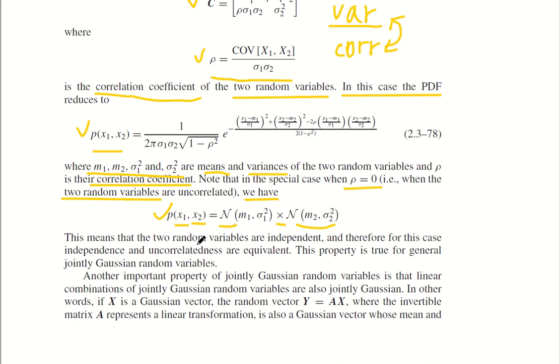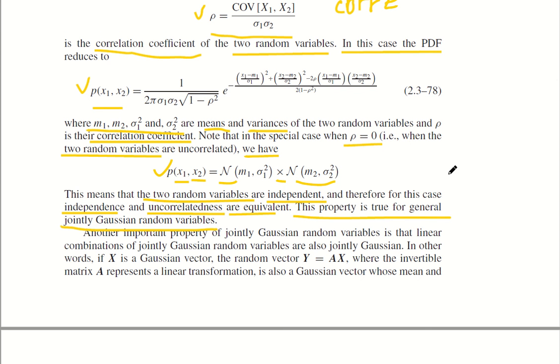So this means that the two random variables are independent, and therefore for this case independence and uncorrelatedness are equivalent. This property is true for general jointly Gaussian random variables. So uncorrelated means independence. Independence and uncorrelatedness are equivalent. This is generally true.